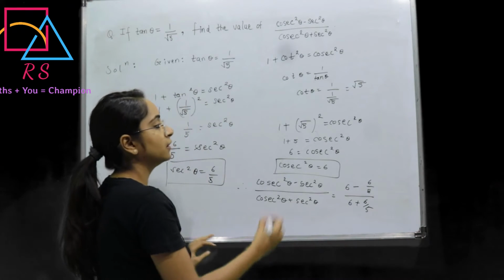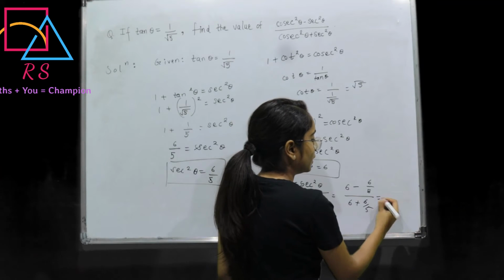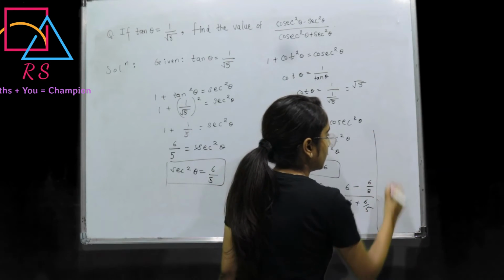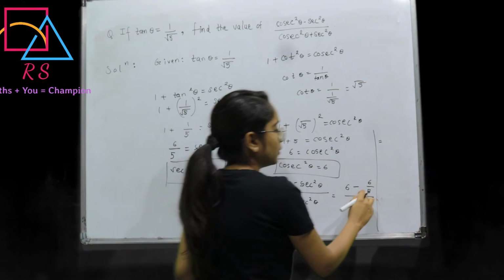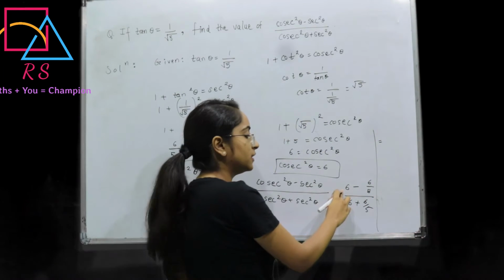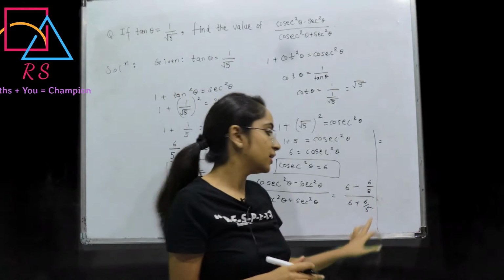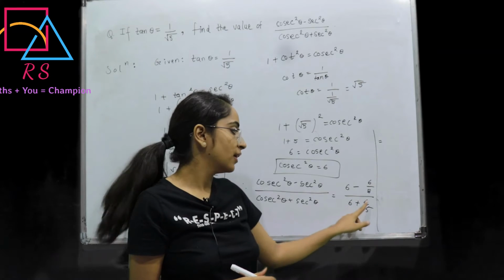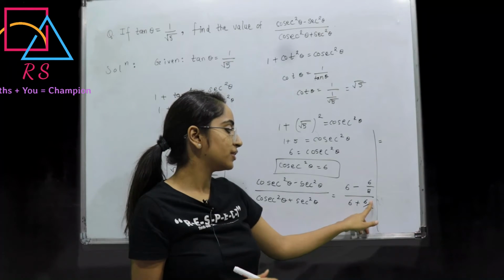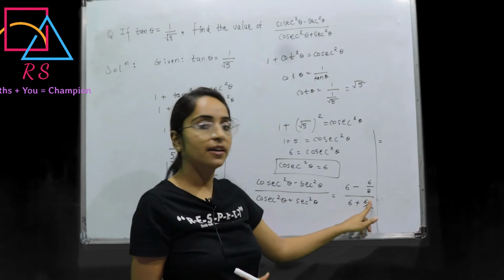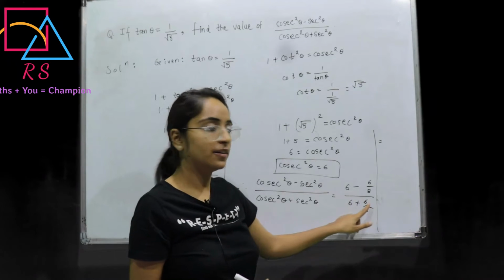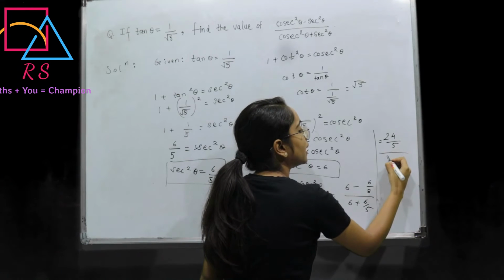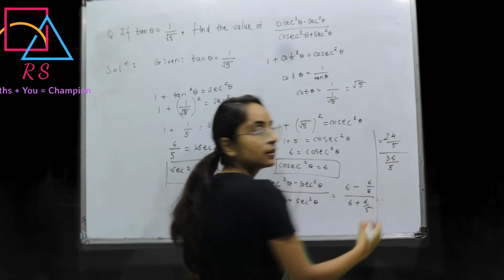So further, if we solve this, we'll get, I'll solve it here: 5 into 6 is 30. So 30 minus 6 is 24 upon 5, and further in the denominator we'll get 5 into 6 is 30, plus 6, which is 36 upon 5. These are simple fraction operations. The numerator has 24 upon 5, the denominator has 36 upon 5.